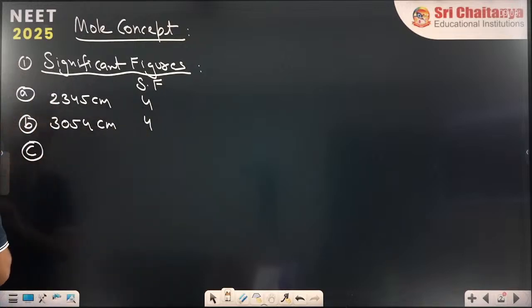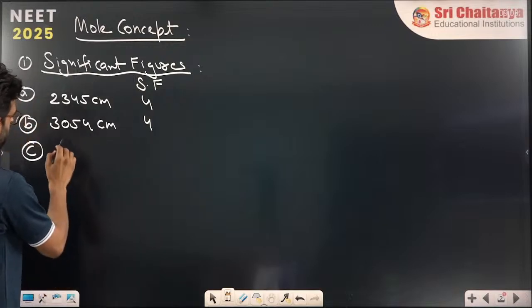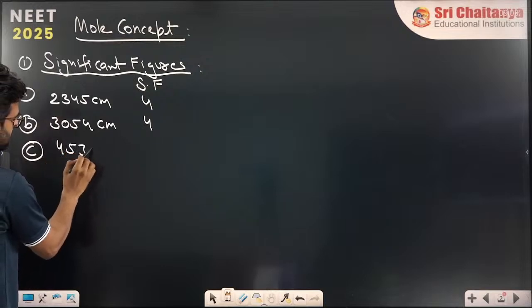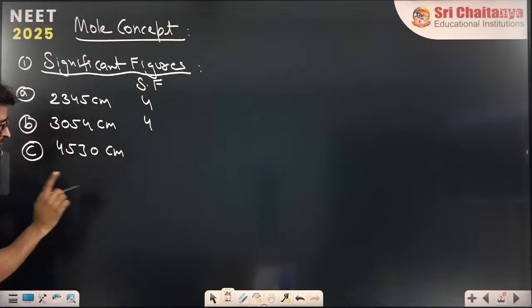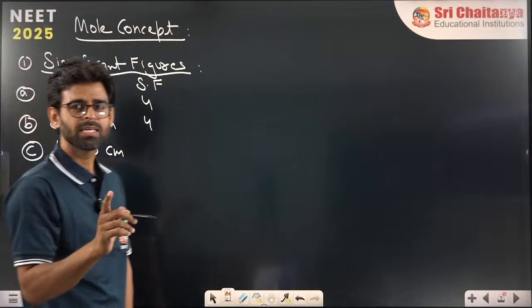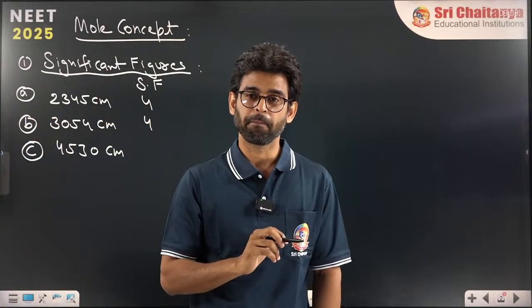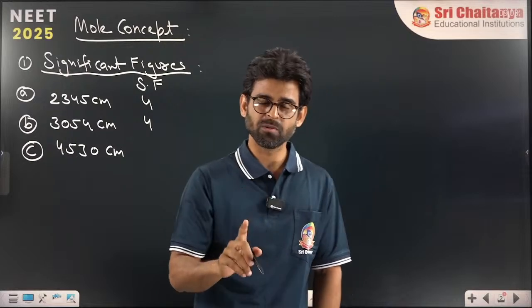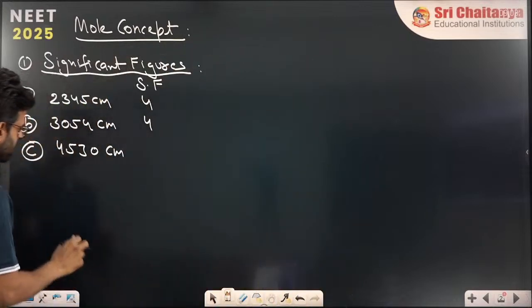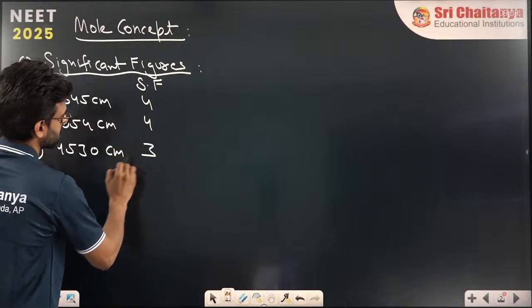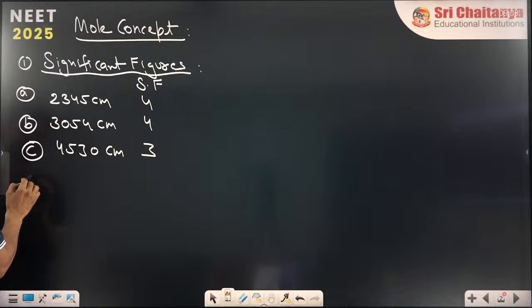Now the third one, 4530 centimeter. Remember, right side zeros will be insignificant if there is no decimal. So how many SF? Only 3. It's very important, where students make mistakes.